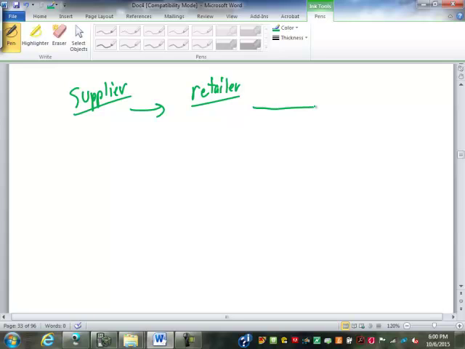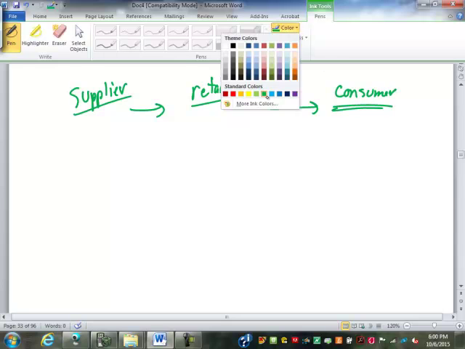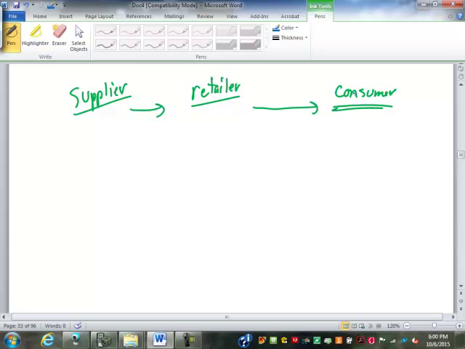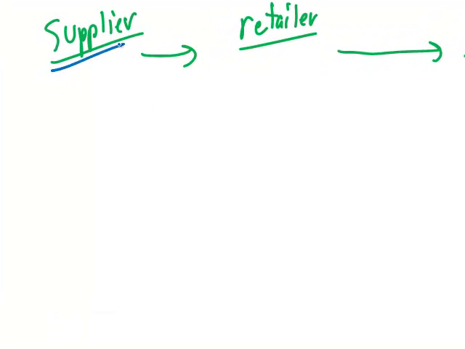This week, what we're going to look at is from that retailer to the consumer. So we're assuming they have been purchased from the supplier, and the amount that is charged from the supplier to the retailer is what we're going to call the cost. The amount that then the retailer is going to charge the customer is going to be the selling price.